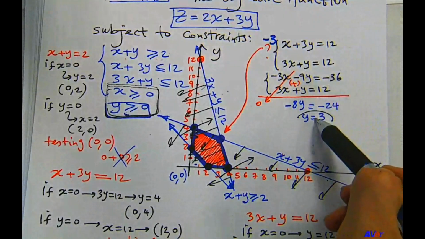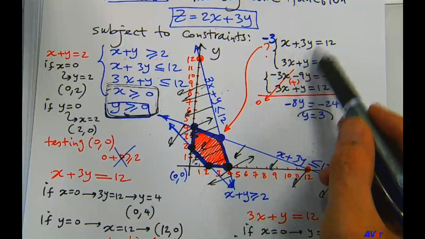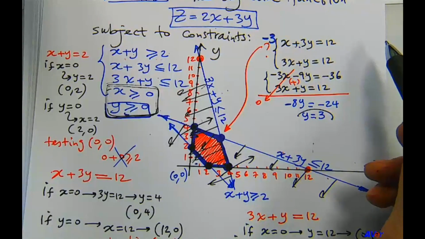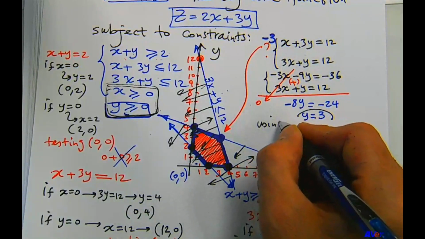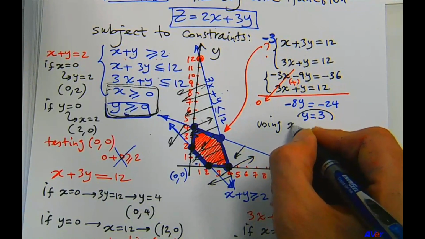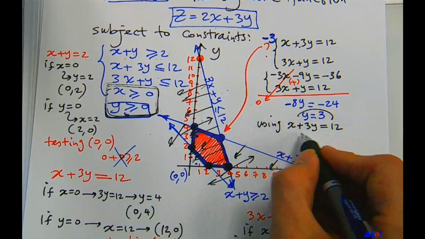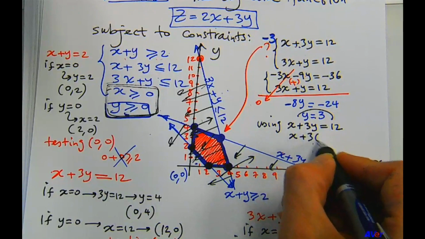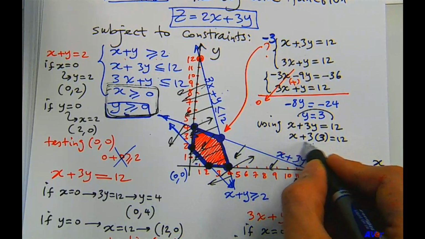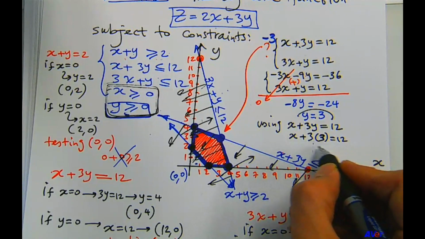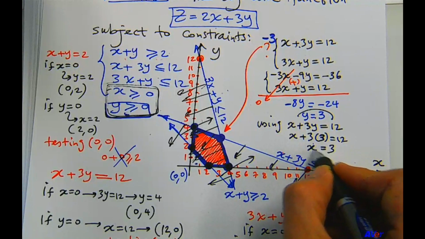To find x, we can simply substitute for y in either of these two equations and solve for x, right? I'm going to use the first equation. Using x + 3y = 12, we have x + 3 times 3 = 12. Then x + 9 = 12, so 12 minus 9 is equal to 3.